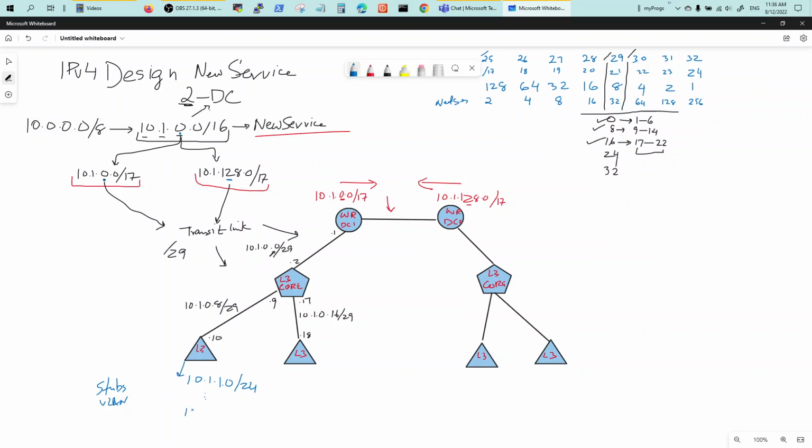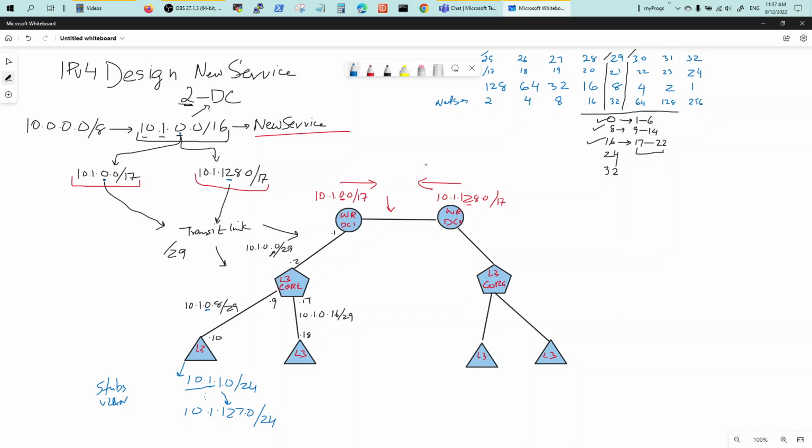All the way to 10.1.127.0/24. So you got all the way from 1 to 127 on this /16. 0 was used for transit, and 1 onwards for stub networks.